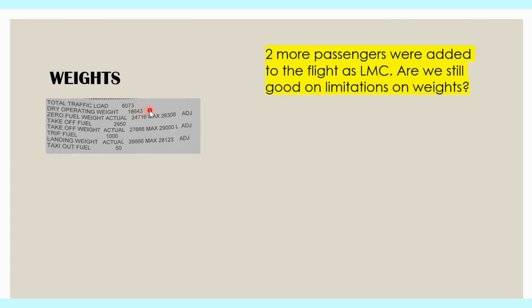The next line on this section is dry operating weight. Dry operating weight is basically the whole weight of the aircraft, excluding any other added on items. Okay, that's very important. So dry operating weight is basically the basic weight of the aircraft plus crew plus the pantry items and the like.